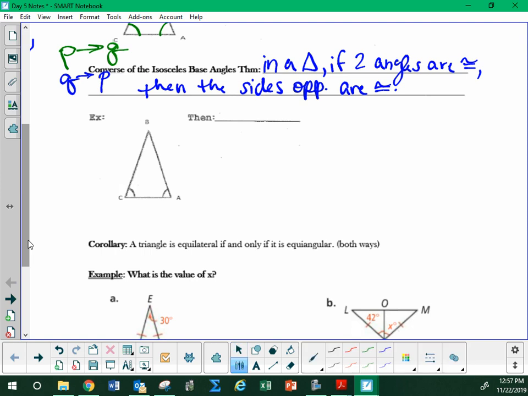Okay, so again, it's just the reversal of it. So for the converse, we start off, they gave us that angle C is congruent to angle A. So our conclusion then is the side opposite is going to be congruent. So our conclusion then is that BC is congruent to AB.